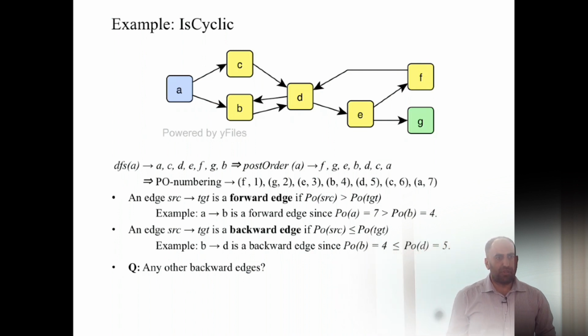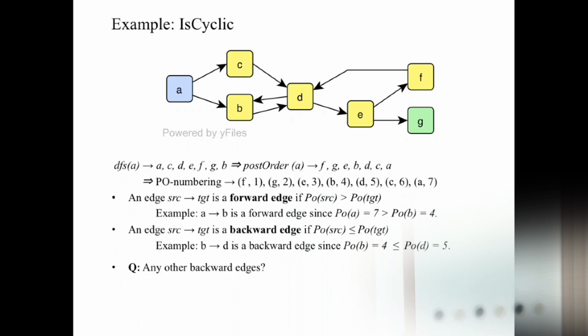Okay? So using the post order, we can find whether an edge is a forward edge or a backward edge. And if your graph contains one or more backward edges, then it's a cyclic graph.